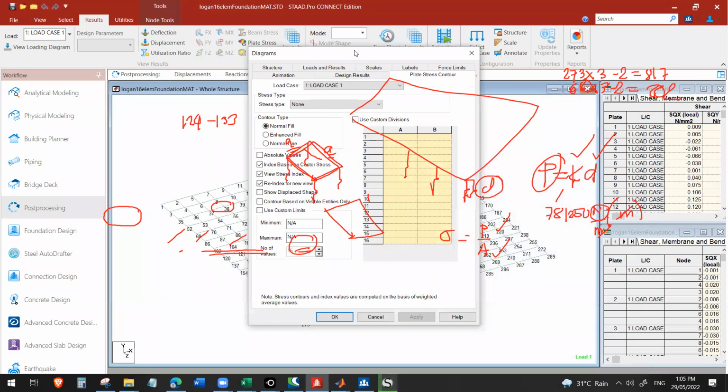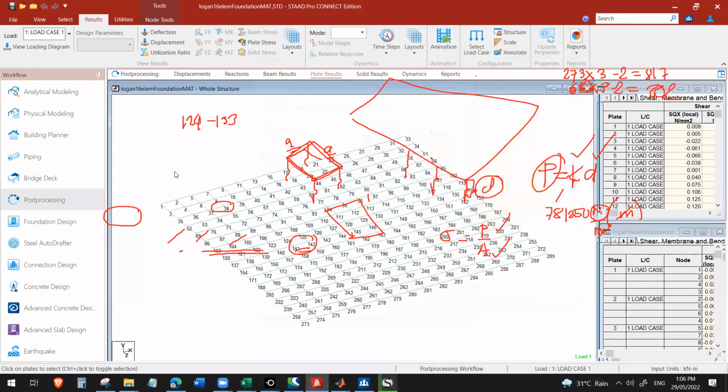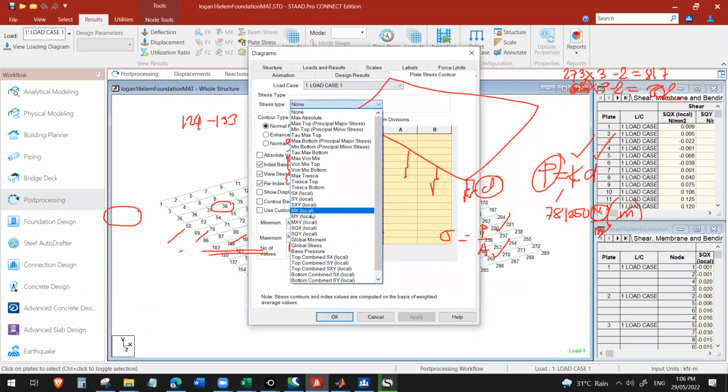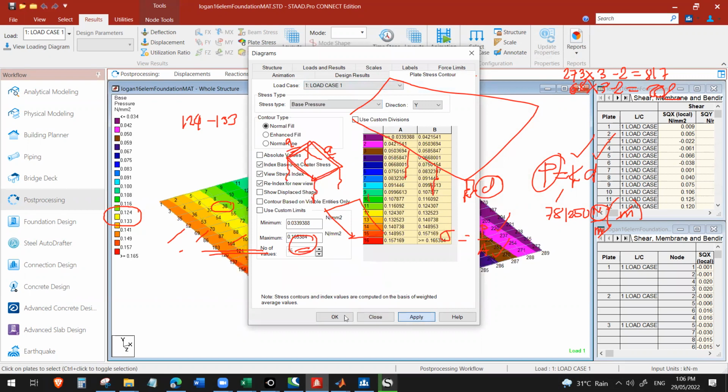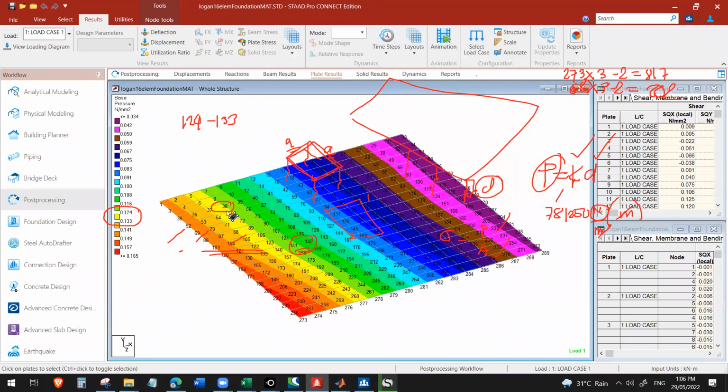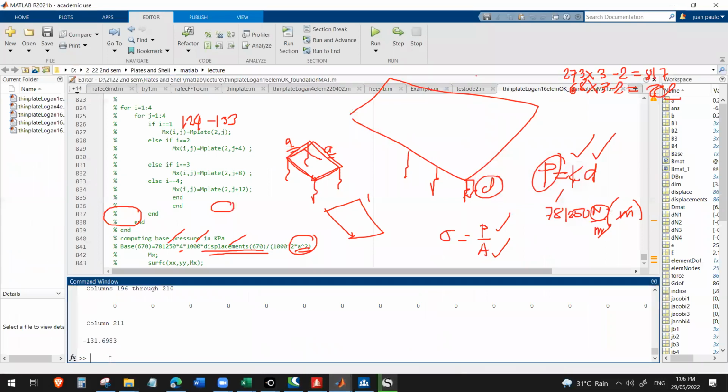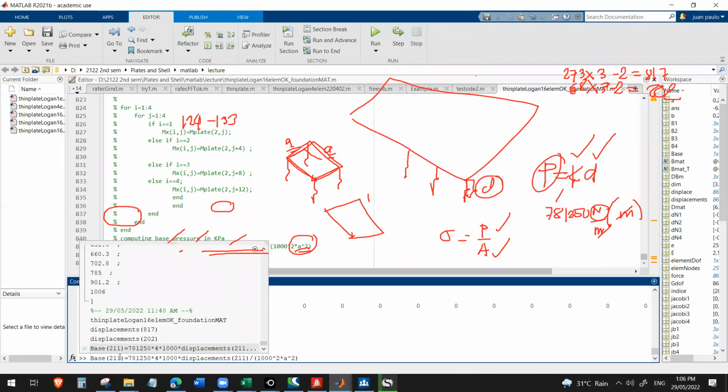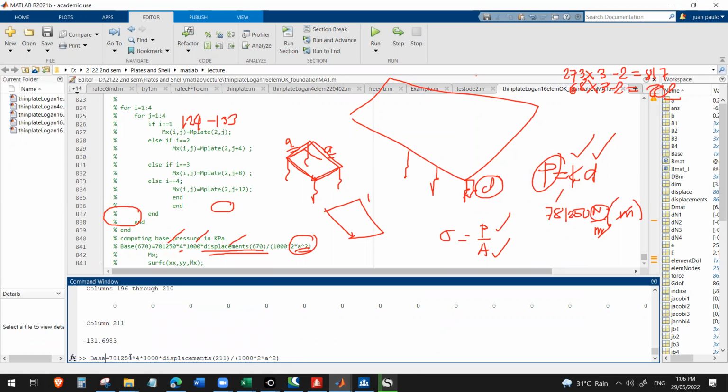And then, what else? Base pressure. We did yellow, how about this one, this somewhat red one? That's about 165 kilopascal. So, node 256. No, the one inside. Node 240. Let's change it. I'll remove this.